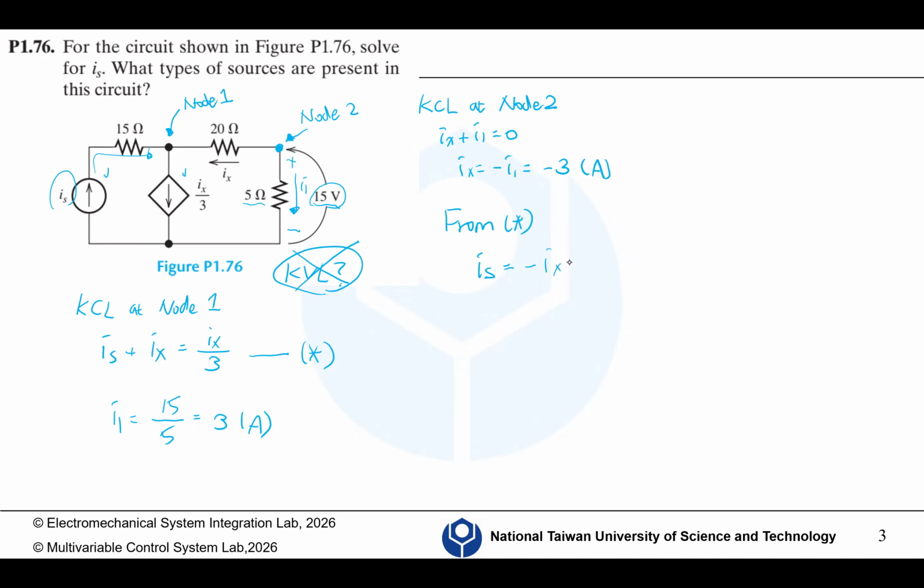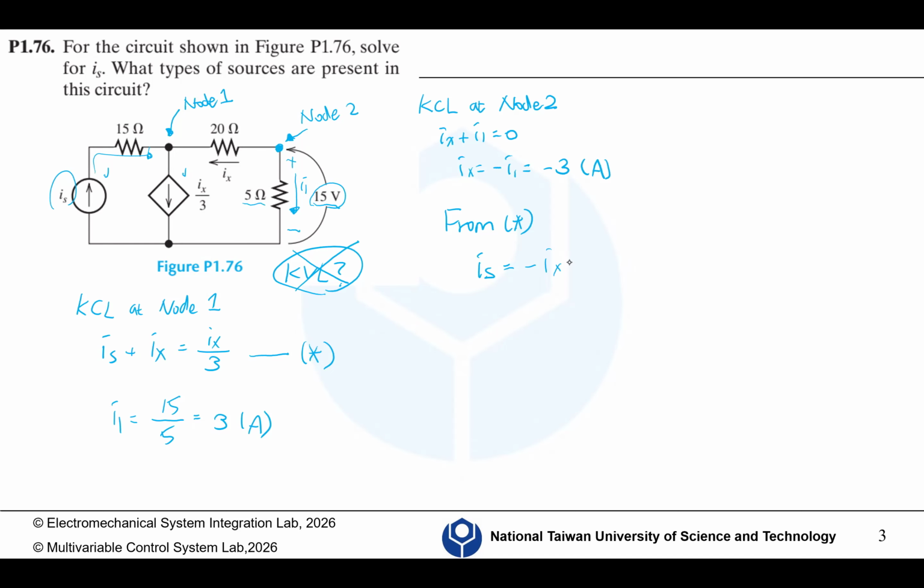Following the direction of I1, I1 comes into the positive terminal of the resistor, because a resistor always consumes energy. The voltage here is 10 times I1 minus I2, because I2 is in the opposite direction of I1.